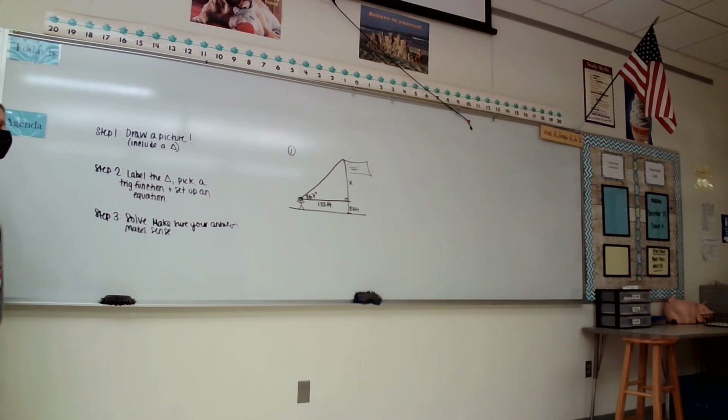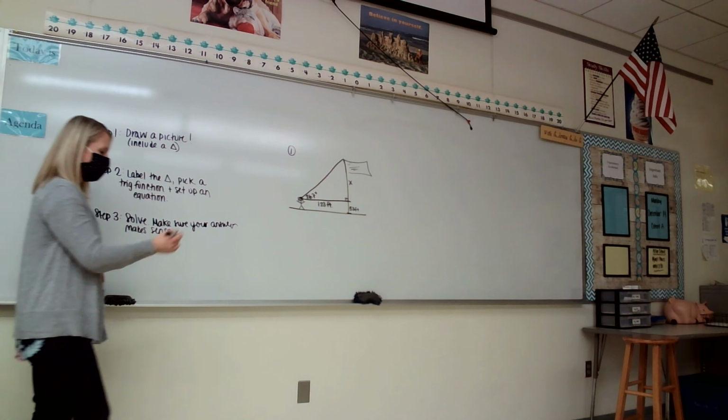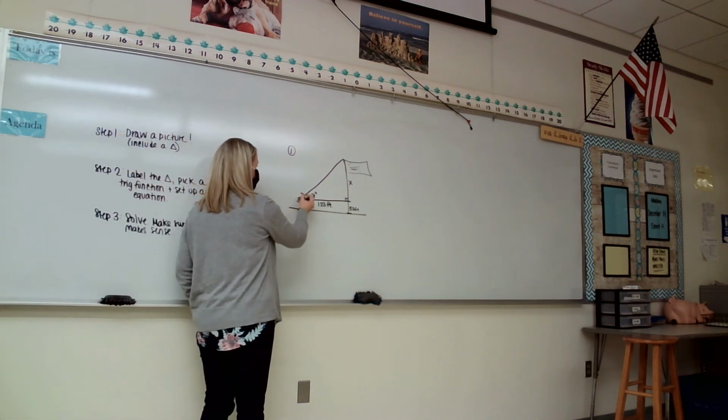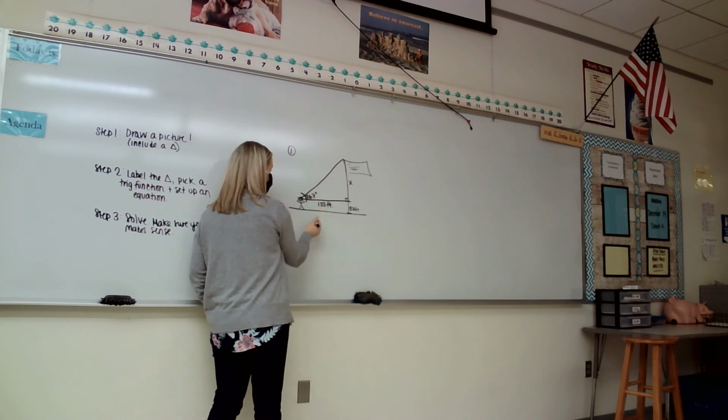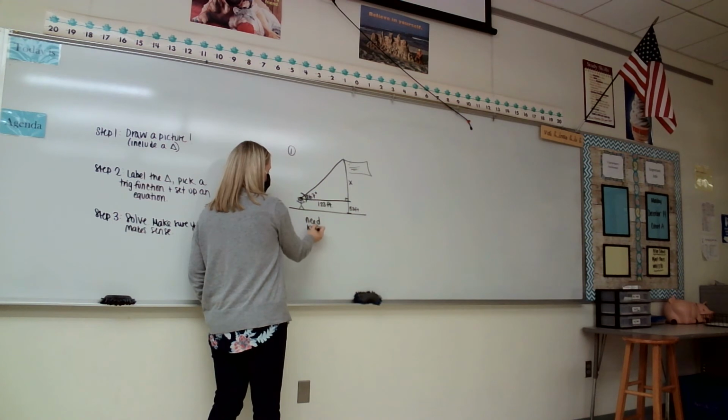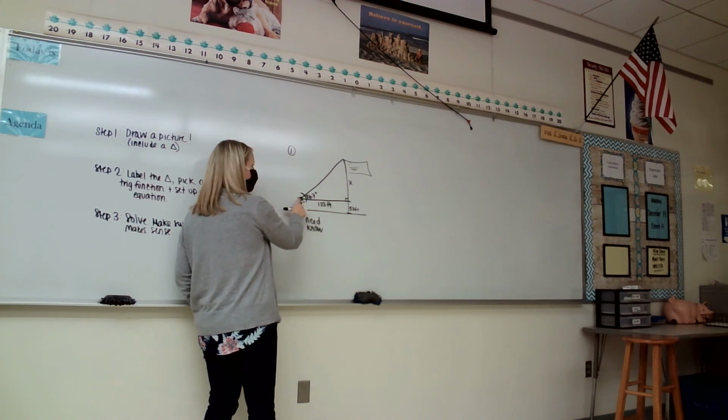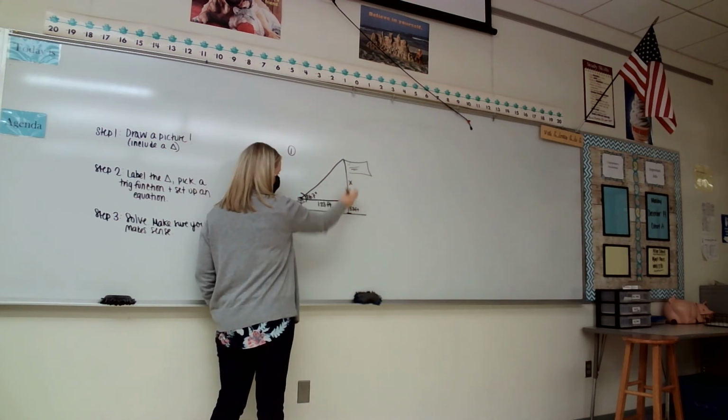So I think to myself, okay, I have an angle. From this angle, I need this side and I know this side. Oh, this sounds familiar. Labeling. So from here, I need, and that would be opposite.